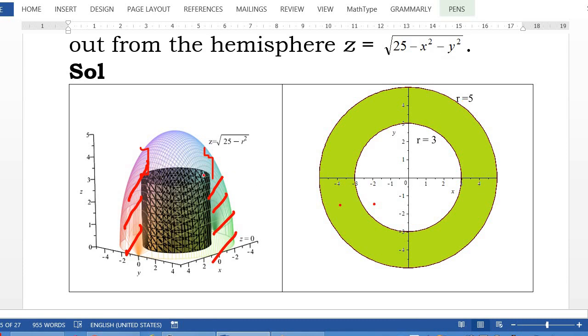If you find the volume of the solid with the top a hemisphere and the side a cylinder, then r is from 0 to 3.